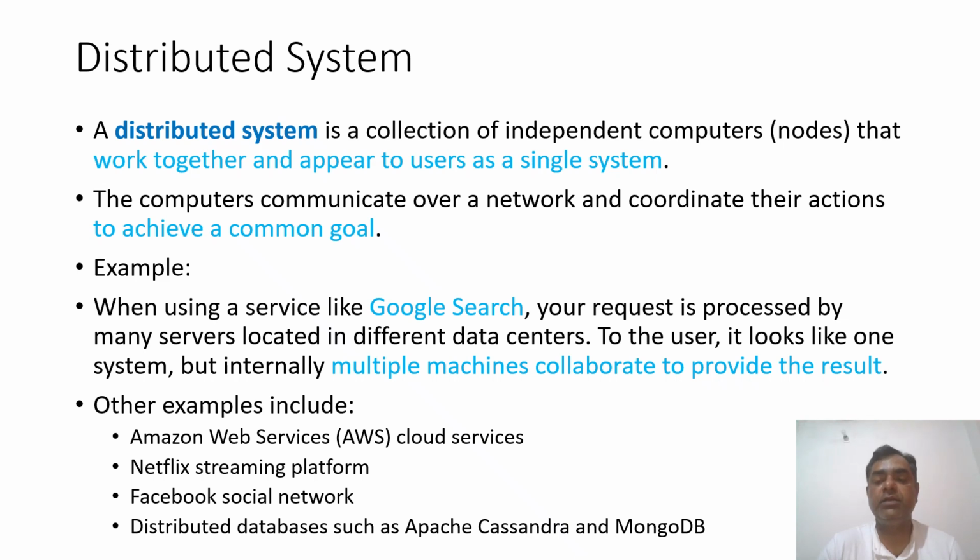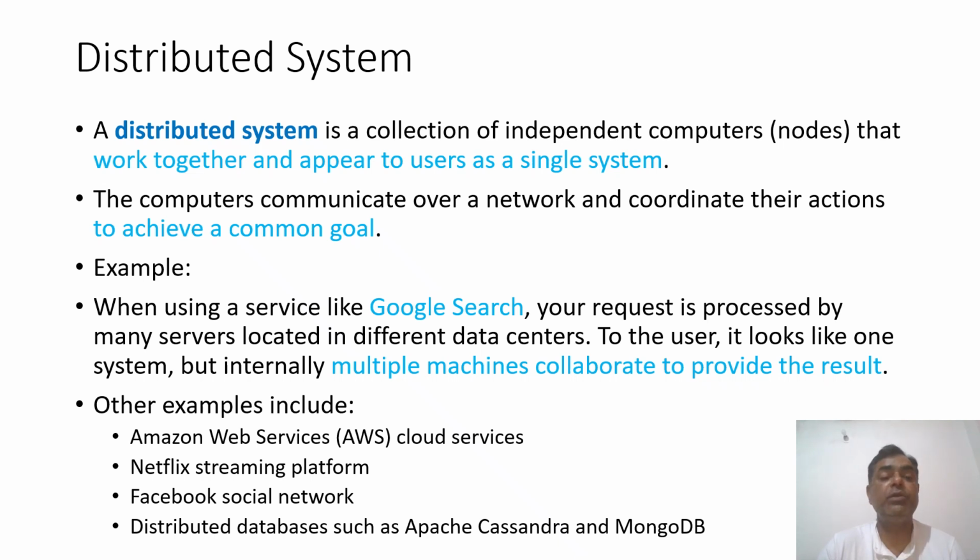That means there is disk storage, there are servers, and there is network equipment used to process your data or your request, and to store your data, so that when you require that data, it can be provided from those data centers. To the user, it looks like one system, but internally multiple machines collaborate to provide the result of your Google search.